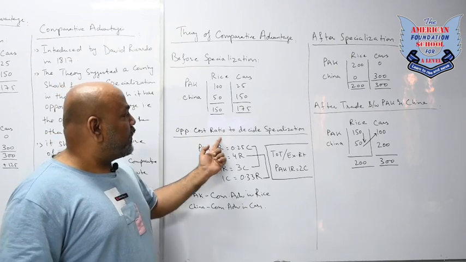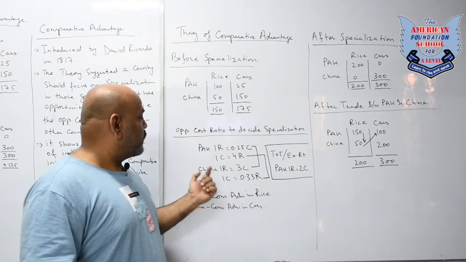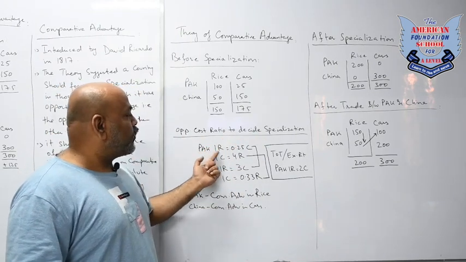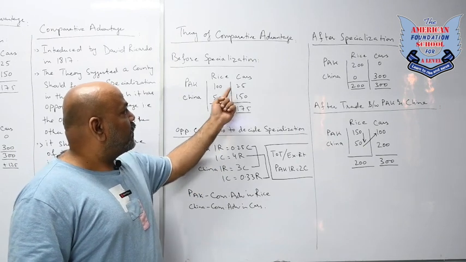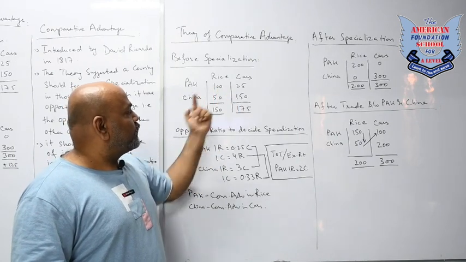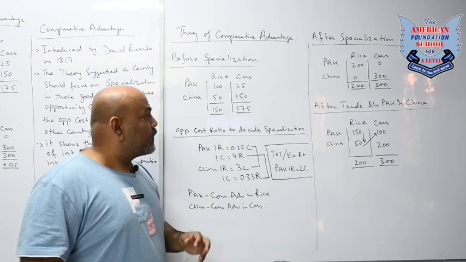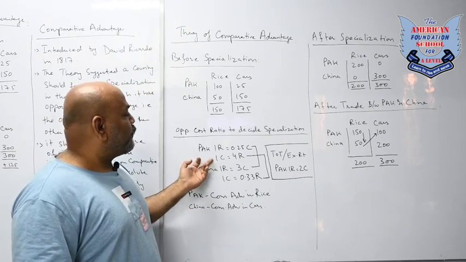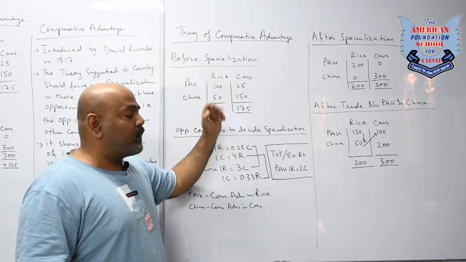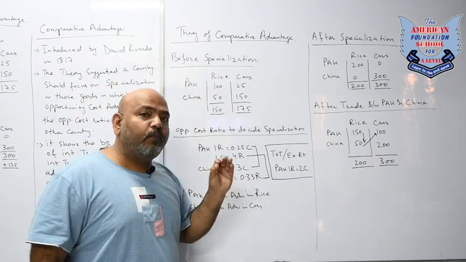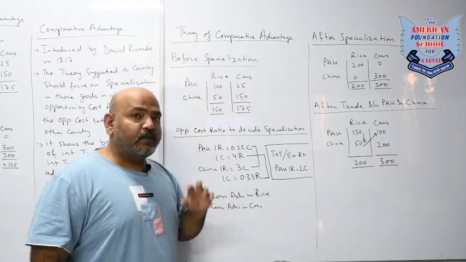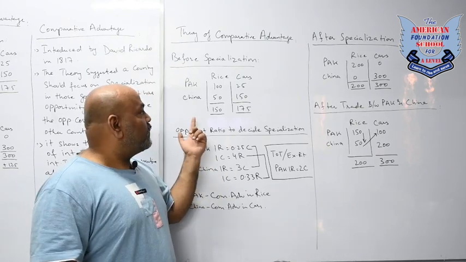Now, the opportunity cost ratio to decide specialization. If Pakistan produces 1 unit of rice, the opportunity cost is 0.25 cars. And if Pakistan produces 1 car, dividing in reverse, the opportunity cost is 4 units of rice. Apply the same logic to China.